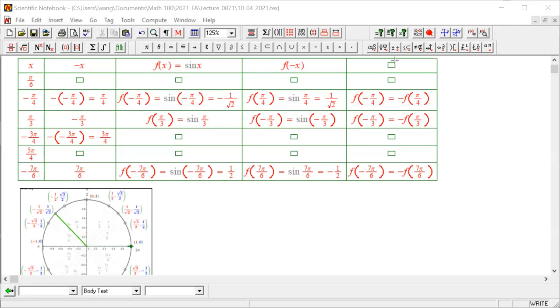Negative 3 pi over 4 will be an angle measured clockwise from here. Sorry. It's an angle measured clockwise. It terminates in the third quadrant.